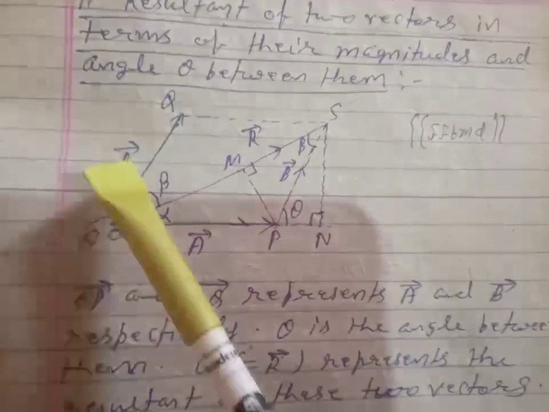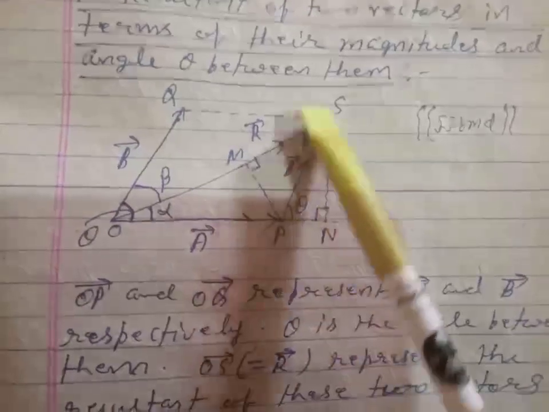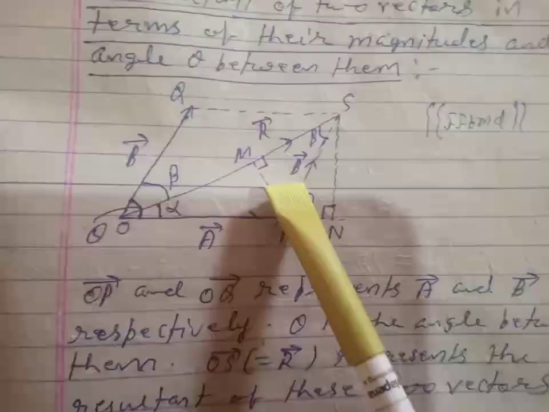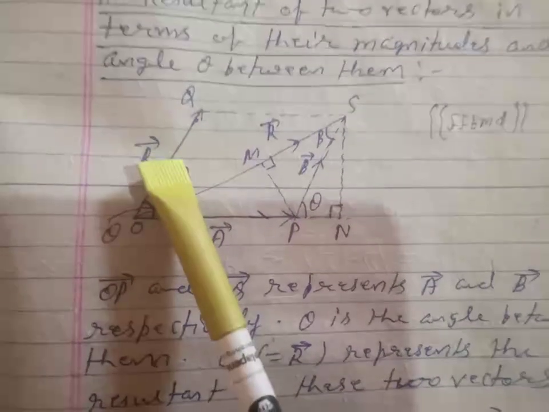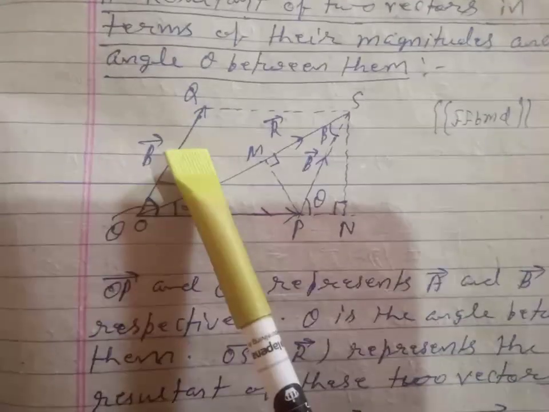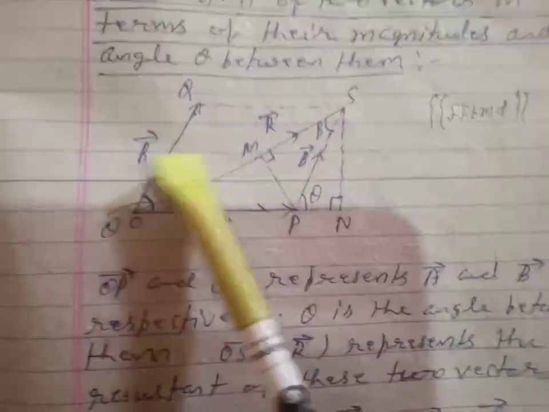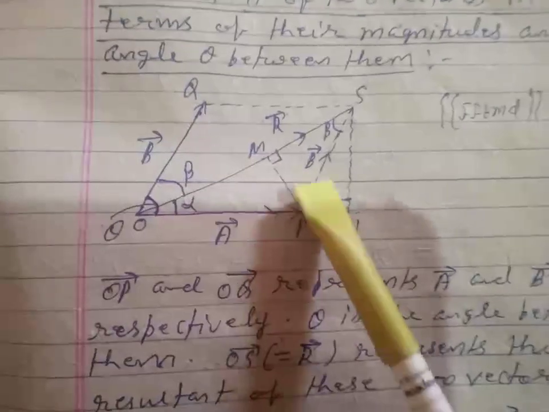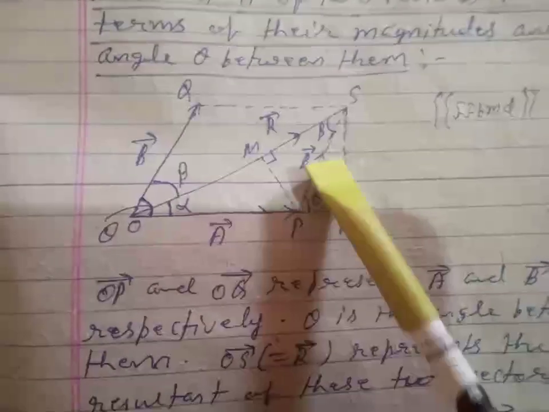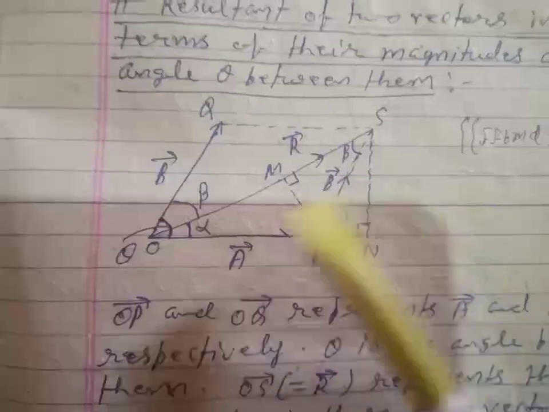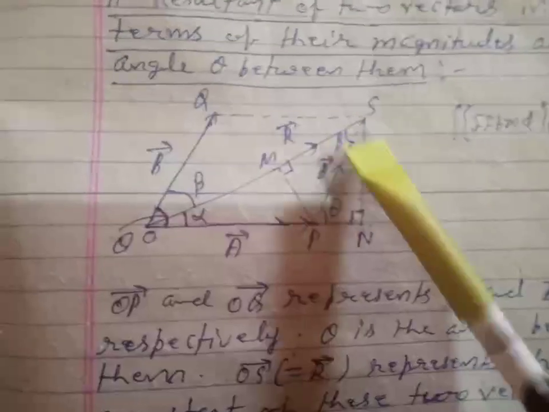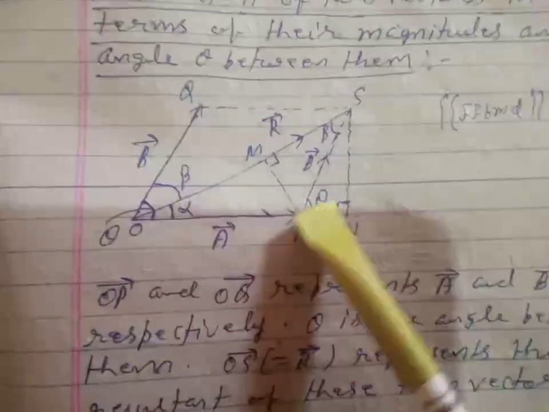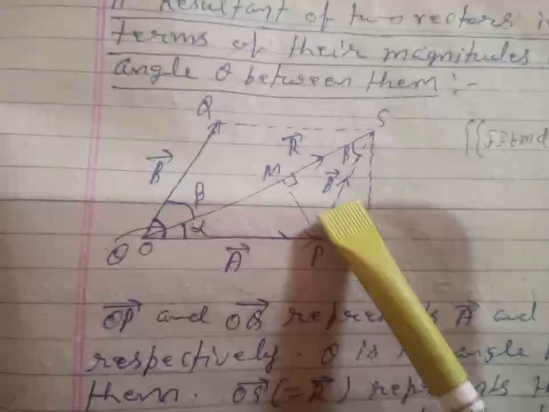Now b vector can be represented by PS vector, because we can draw a parallel line to the b vector, and that will represent the same vector if the direction is same, because OQ vector and PS vector are equal vectors. So if OQ vector is B vector, then PS vector is also B vector.